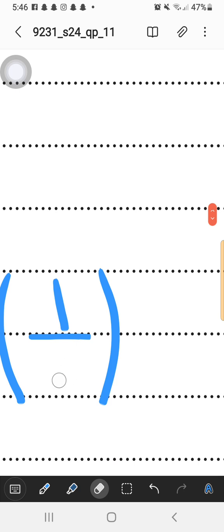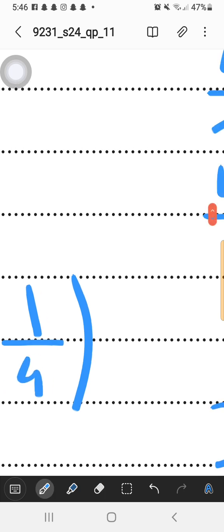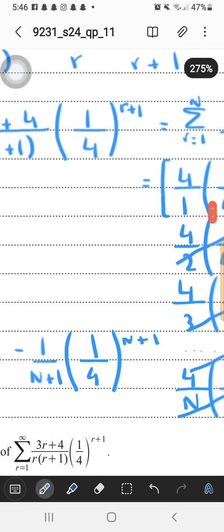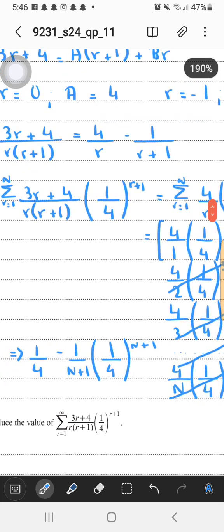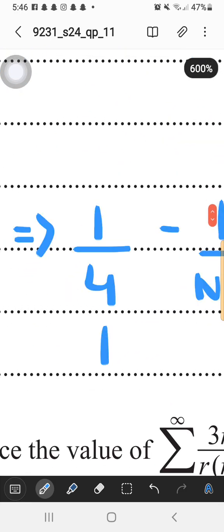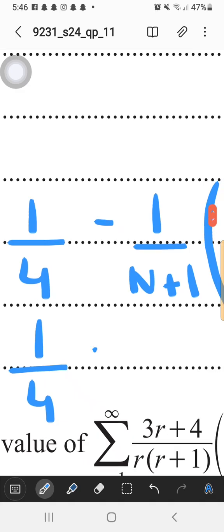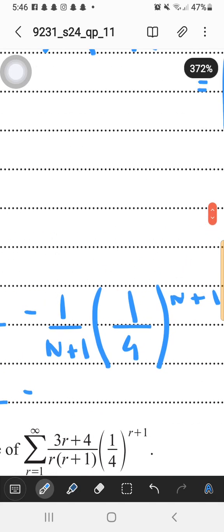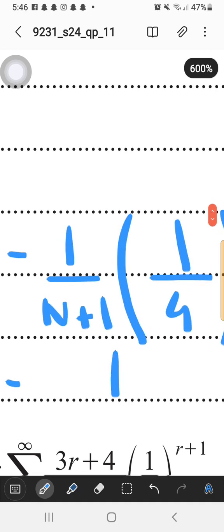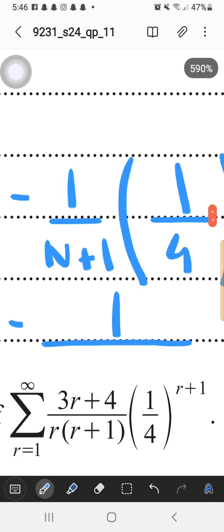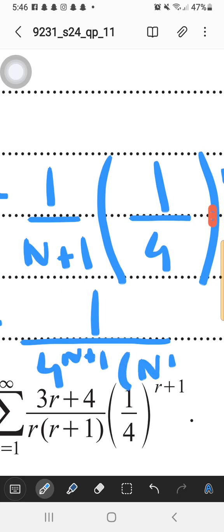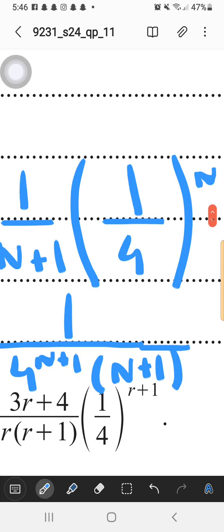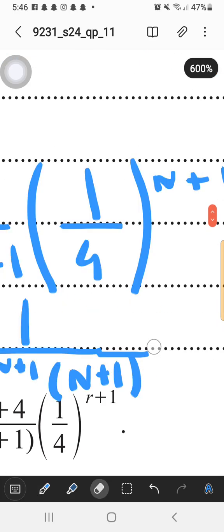Sorry, that will be 1 upon 4, and there will be n plus 1. Yeah, so we can simplify it as 1 upon 4 minus, if we multiply 4 power n plus 1 and make it a single fraction, 4 power n plus 1 multiplied by n plus 1. So this is our final answer.